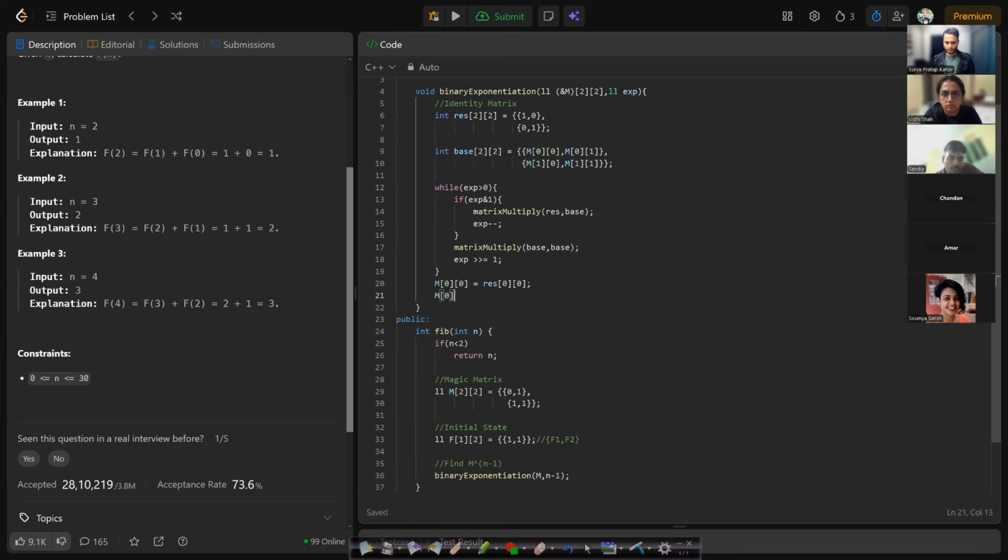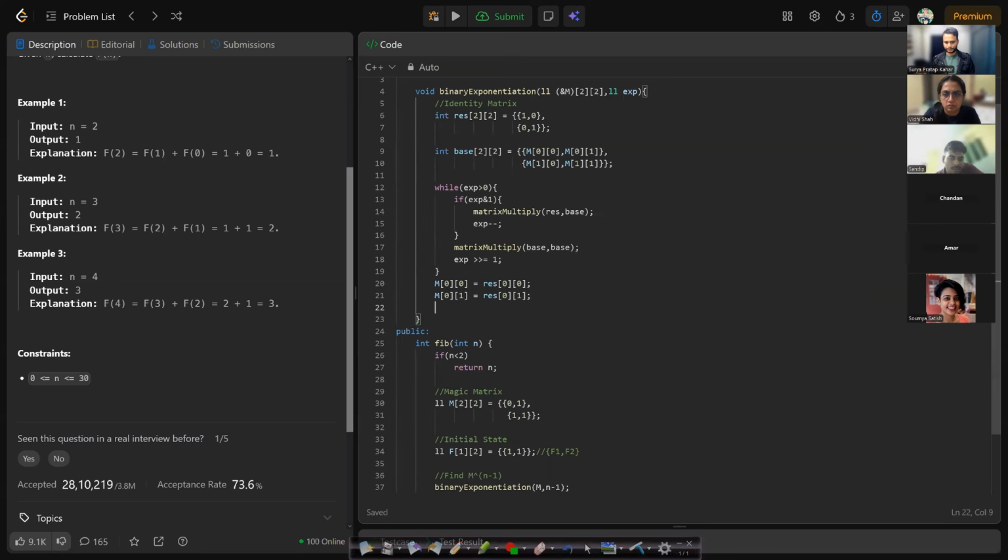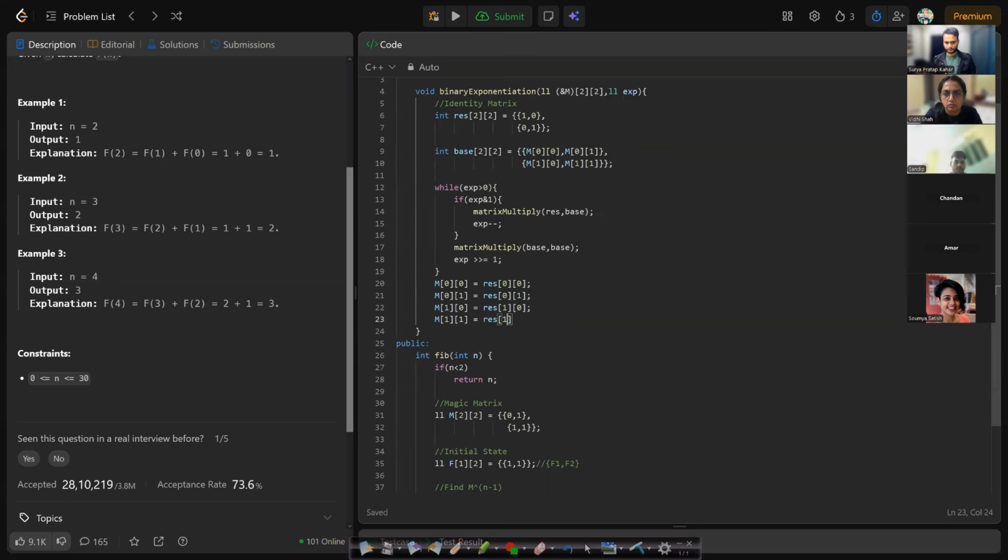You can use a for loop, but I'm not doing a for loop here. M at 0, 1. Again, if it is larger, then you have to do a for loop. Result at 1, 0. Okay, I think we are done with this, transferring the change from result to M. I hope it is good.